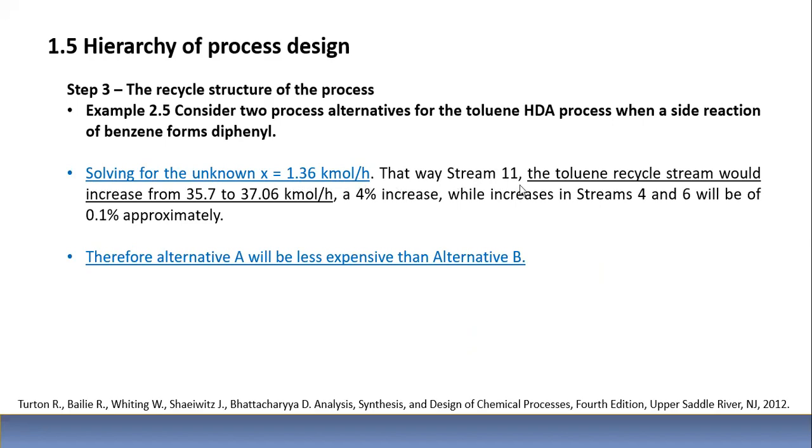That way, stream number 11, the toluene recycle stream, would increase from 35.7 to 37.06. It is a 4% increase, while increases in streams 4 and 6 would be approximately 0.1%. Therefore, alternative A will be less expensive than alternative B.